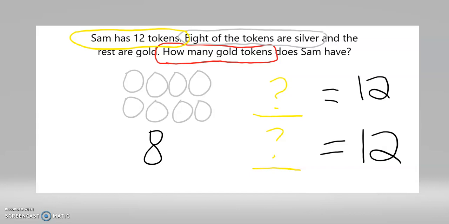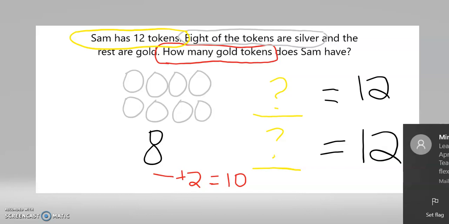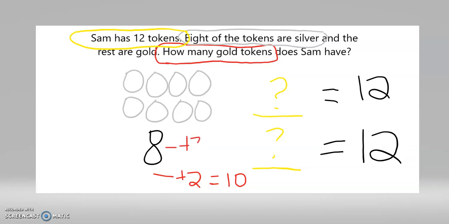So 8 plus 2 more will give me 10. Okay, so we know that he has more than 2 gold tokens, because if he only had 2 gold tokens, we would only have 10 altogether. So there has to be more than just 2. What if he has 3?